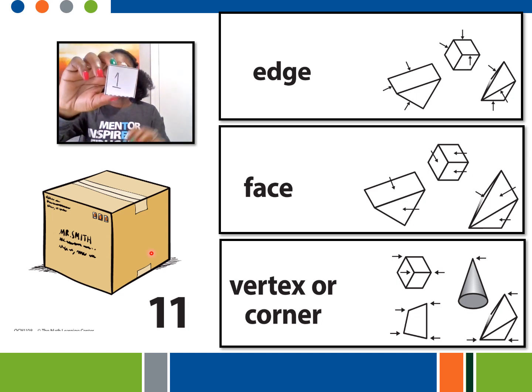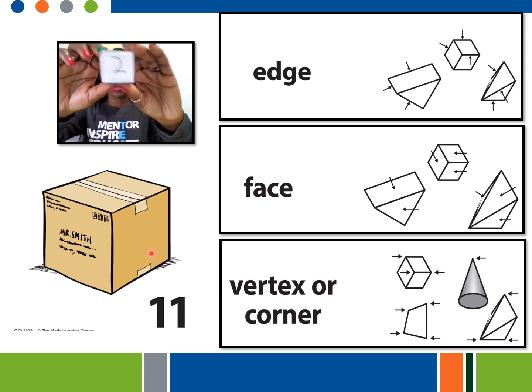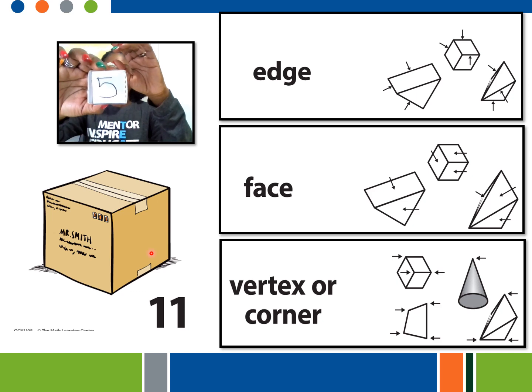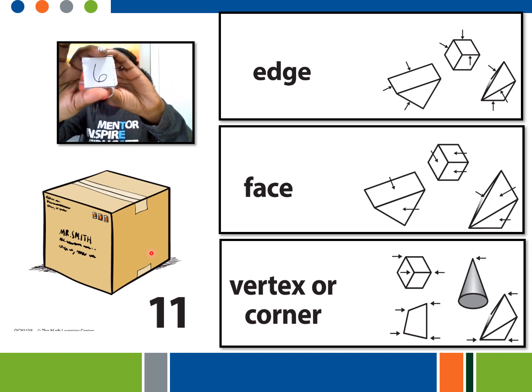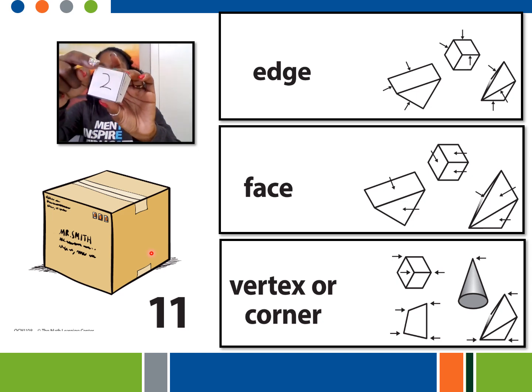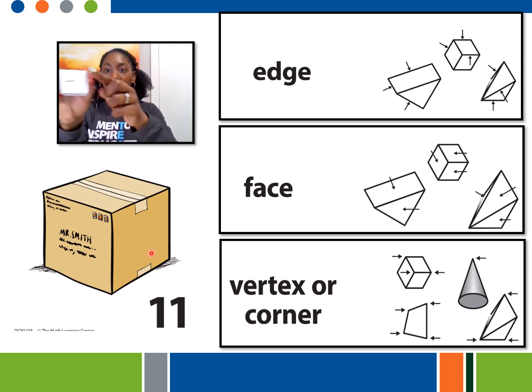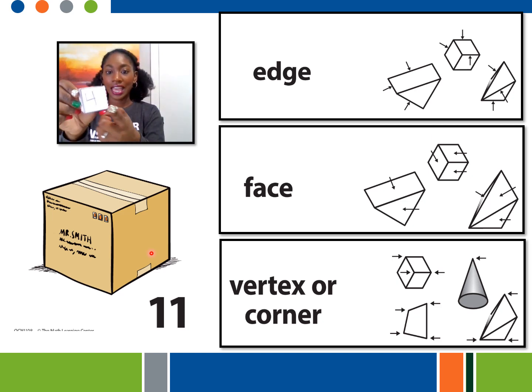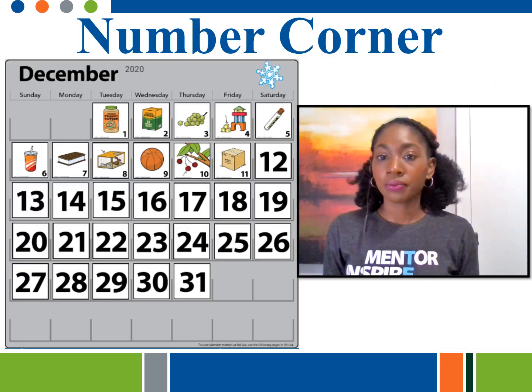So we have 1, 2, 3, 4, 5, 6 faces on a cube. Now let's quickly go ahead and count the vertices. 1, 2, 3, 4, 5, 6, 7, 8. There are 8 vertices on a cube.